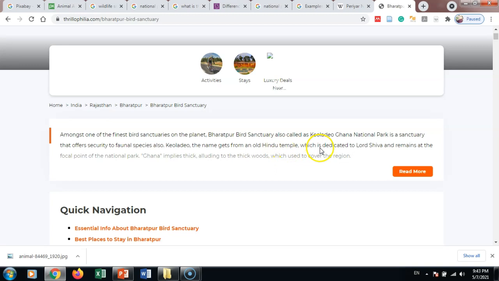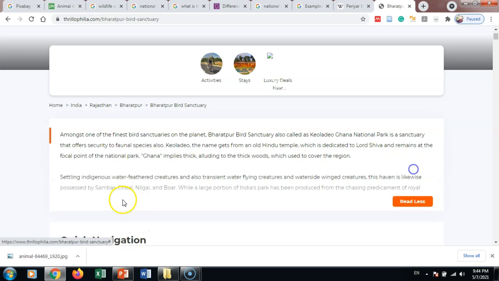Bharatpur Bird Sanctuary, also called Keoladeo Ghana National Park, is a sanctuary that offers security to faunal species also. Keoladeo gets its name from an old Hindu temple dedicated to Lord Shiva that remains at the focal point of the national park. Ghana implies thick, alluding to the thick woods which used to cover the region.